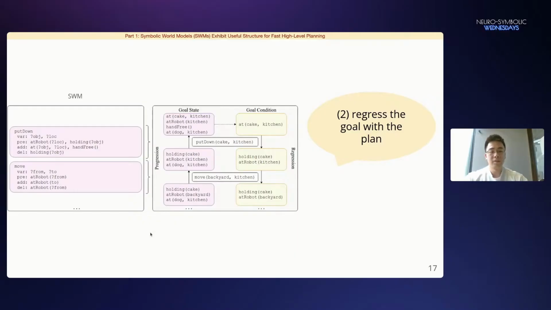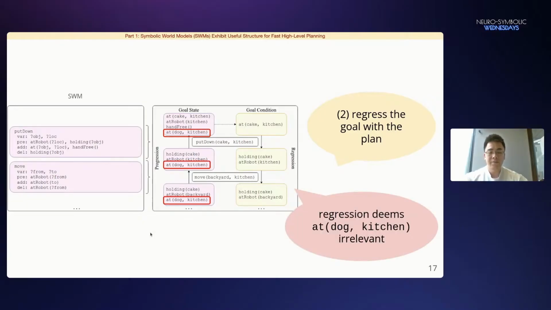Similarly, when you regress over the move operator, the cake is still being held, but now the robot is in the backyard. The key idea of goal regression, again, is that we only find relevant features. And this regression now deems that the dog being at the kitchen is irrelevant for solving this problem, or for learning a policy here for these kinds of goals.